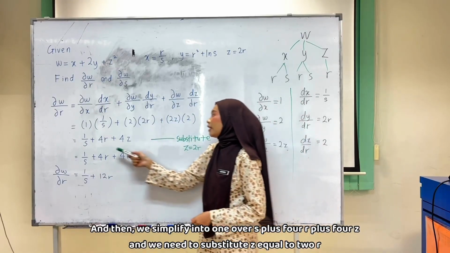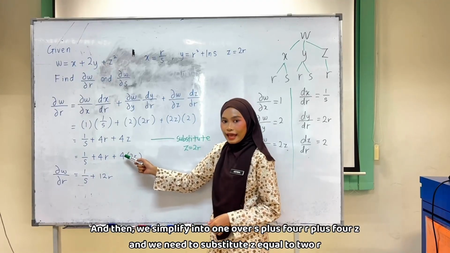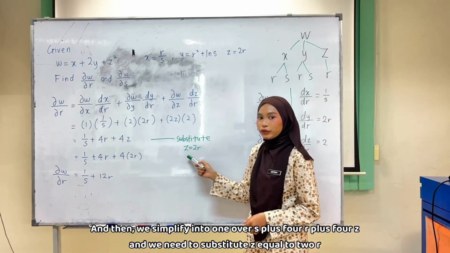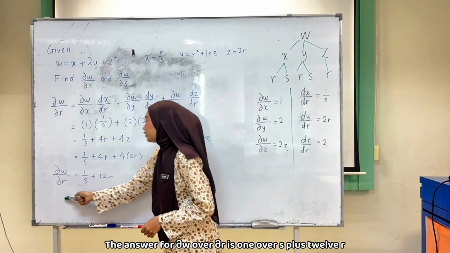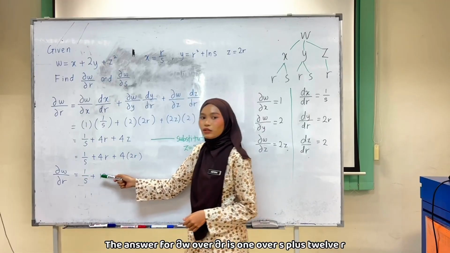Then we simplify it into 1 over s plus 4r plus 4z. We need to substitute z equal to 2r, and then the answer for partial w over partial r is equal to 1 over s plus 12r.